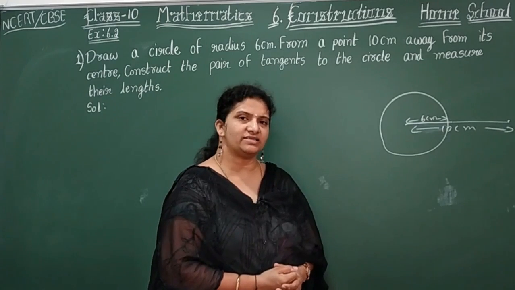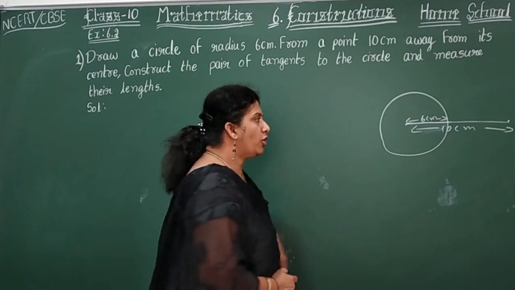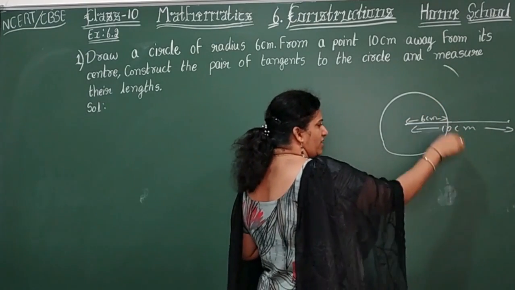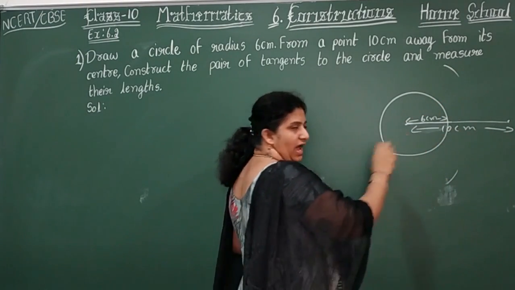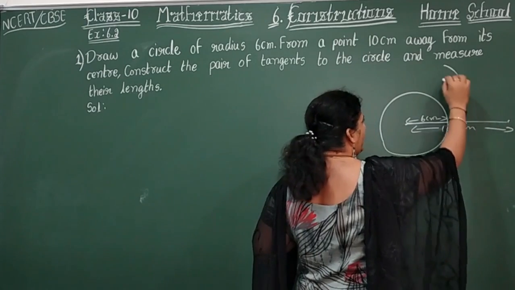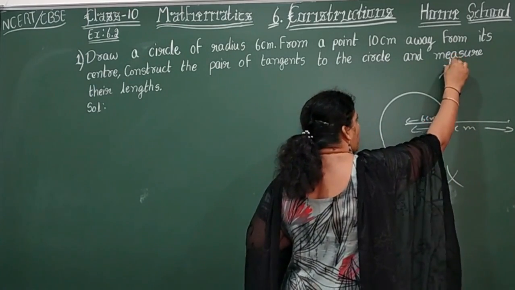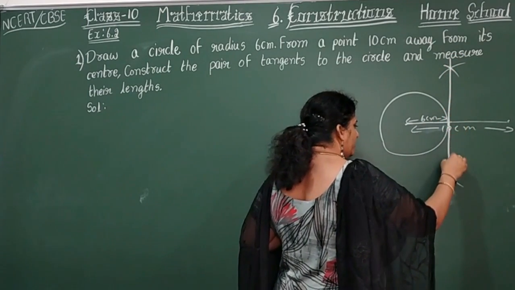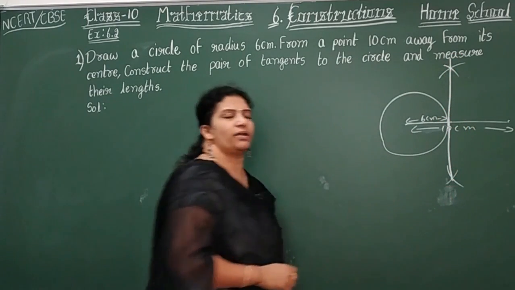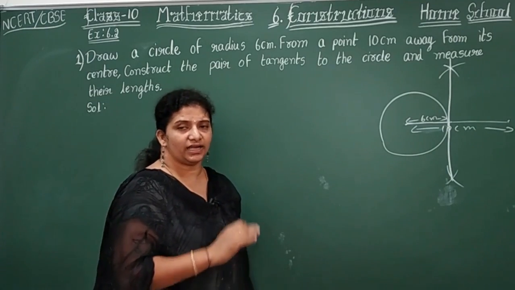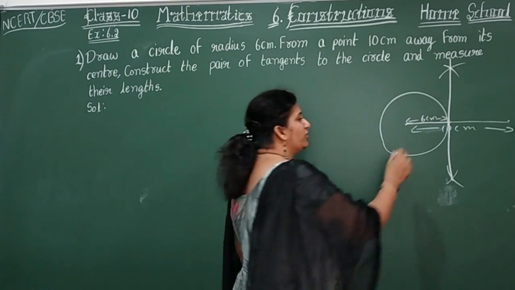How do you do a bisector, children, here? More than half. Take your compass, draw one arc above from here, and one arc below. And again, same measurement, cut that arc, cut this arc. So now what you are going to get here? Like this, you need to get a perpendicular bisector.